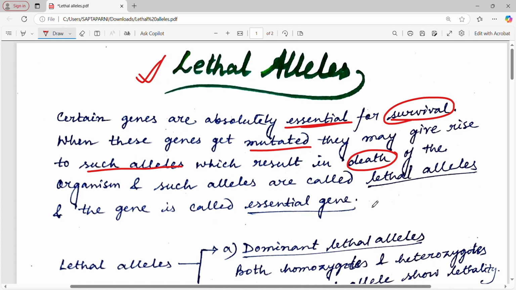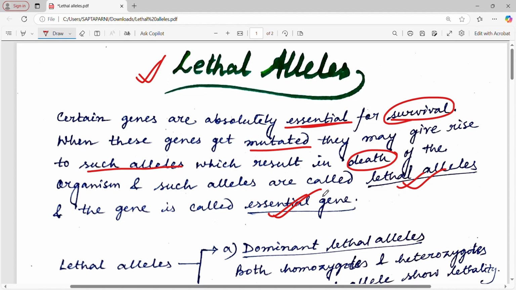Such mutated alleles are known as lethal alleles. And the gene which is essential for survival in its non-mutated form is known as an essential gene. So I think the concept of essential gene and its lethal allele is clear to you.